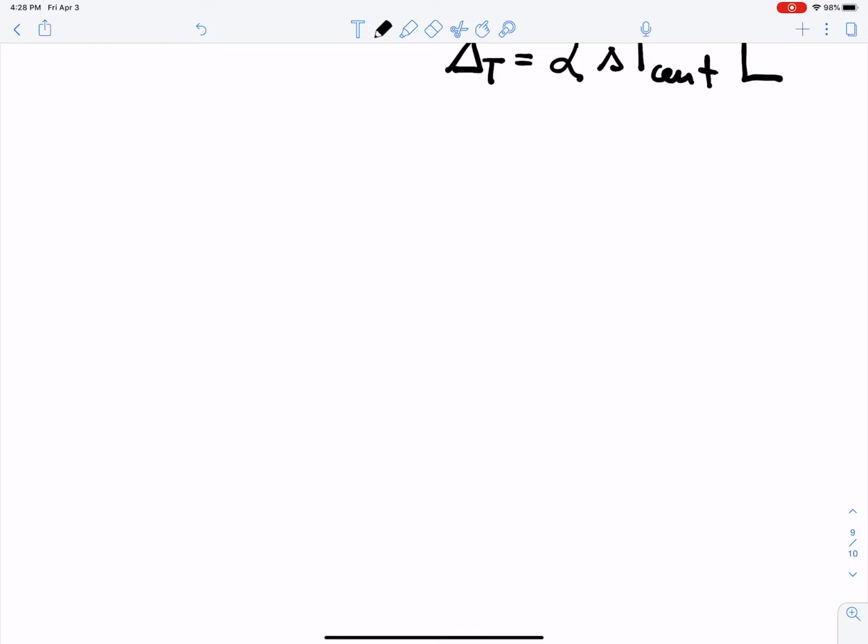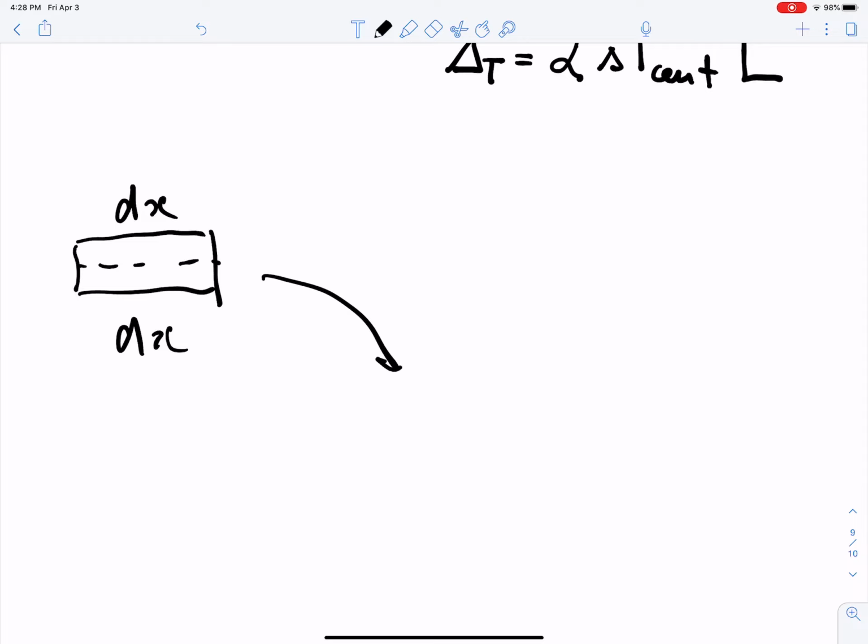We assume that originally it was straight, dx. And then the application of the temperature differential gave me something that looks like this.